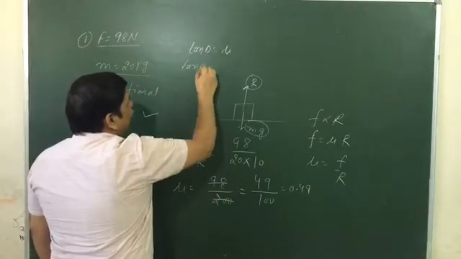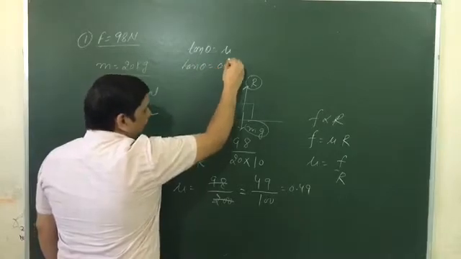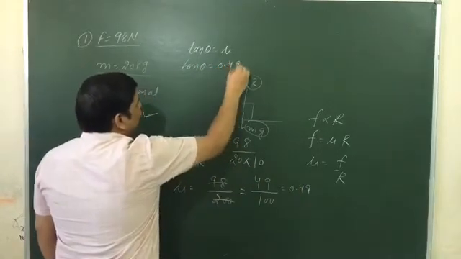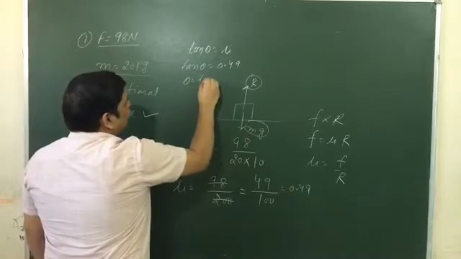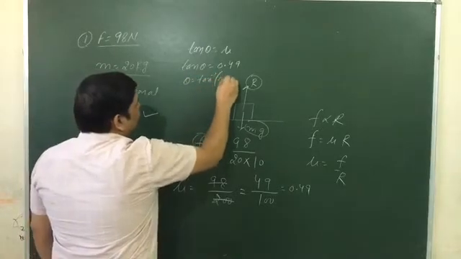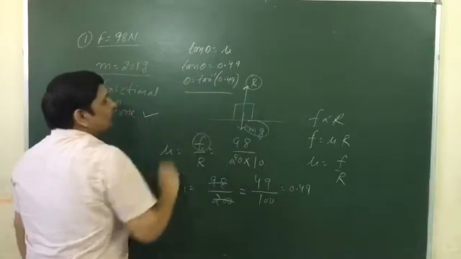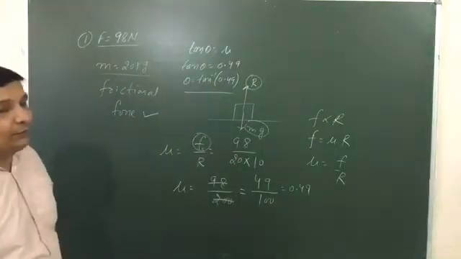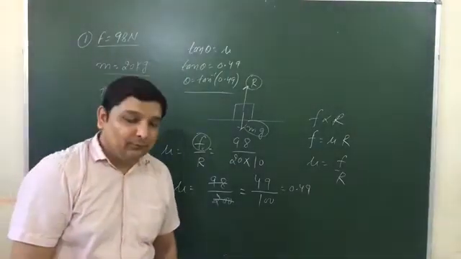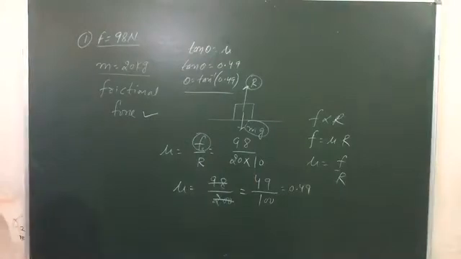Therefore, tan theta will be equal to 0.49, and theta will be equal to tan inverse 0.49. Therefore, angle of friction will be equal to tan inverse of 0.49. We can find the angle of friction and coefficient of friction.